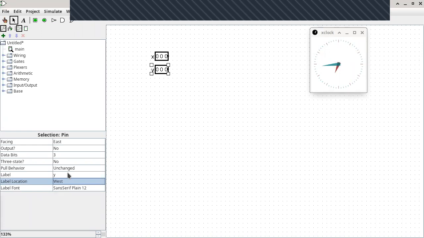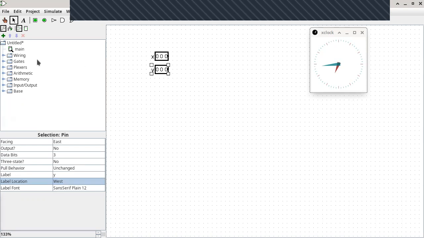Bit 2 is the exclusive OR of X2, Y2. So instead of using a splitter, splitting all of those bits out and then using 3 individual exclusive OR gates to do all of that, I can now use a multi-bit exclusive OR gate to do everything at the same time. So that is kind of cool.